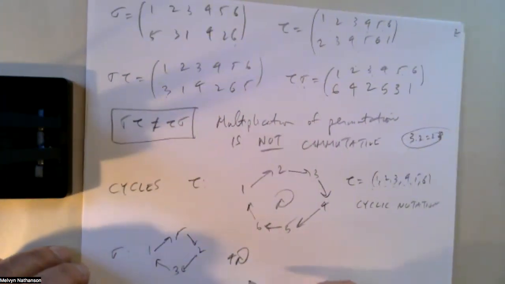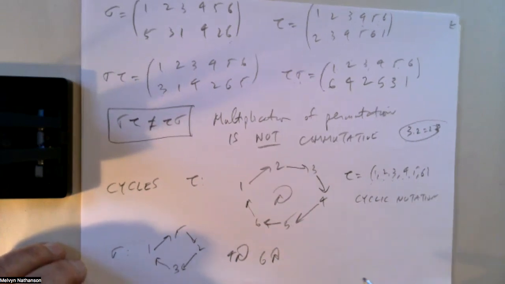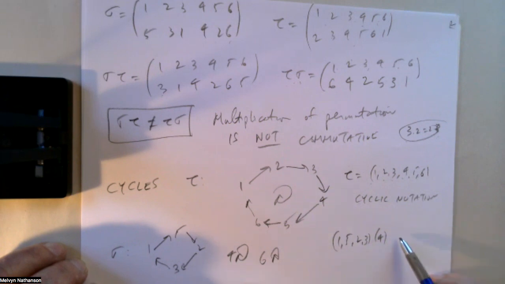And sigma sends 6 to 6. So the cycle 1, 5, 2, 3, we can also write as (1 5 2 3) like that. This sort of trivial cycle, 4 goes to 4, that's just 4 goes to itself, and 6 goes to itself.